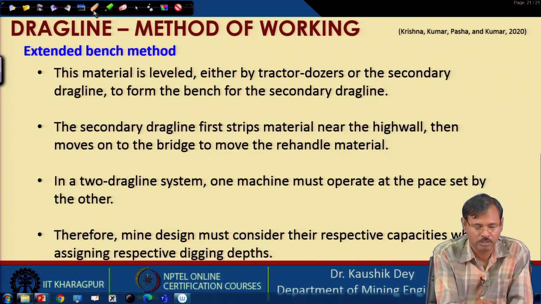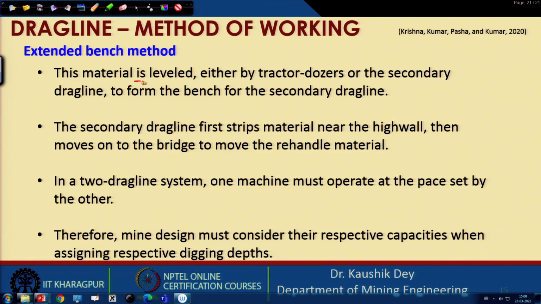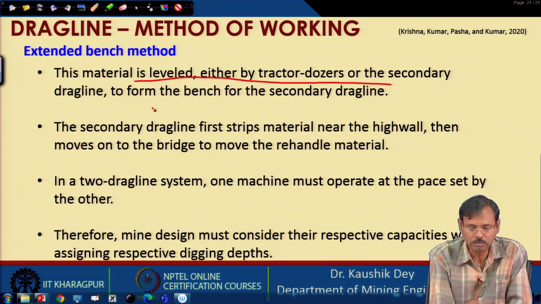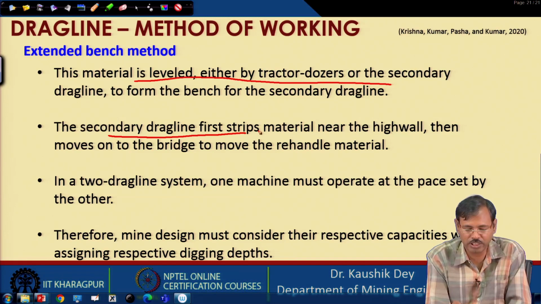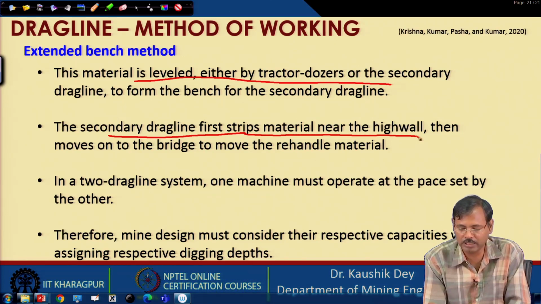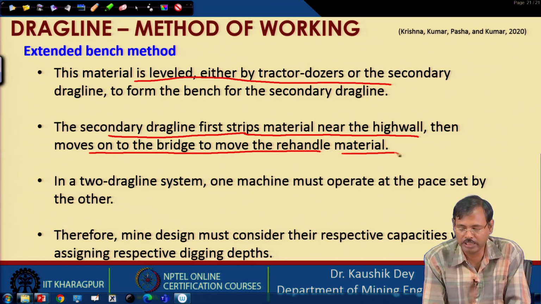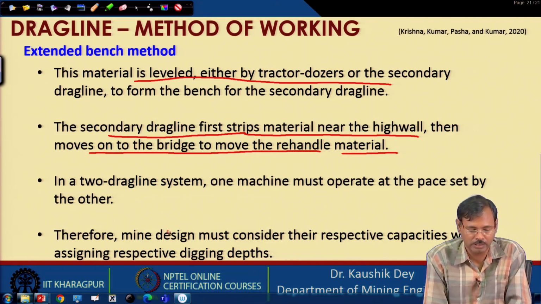So, the steps are: first the material is leveled by a dozer or tractor after the blasting, then the secondary dragline first strips the material near the highwall, then moves on to the bridge and rehandles the material.